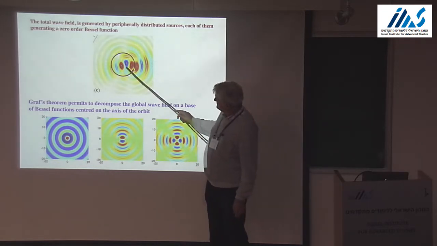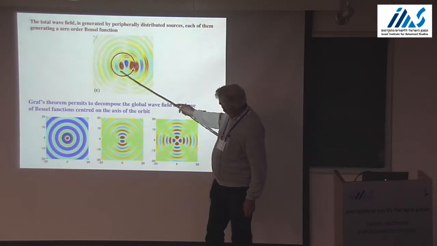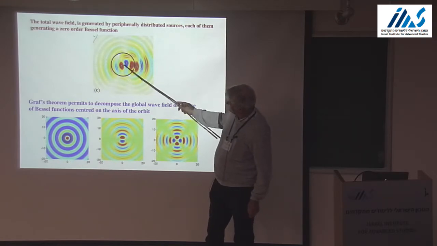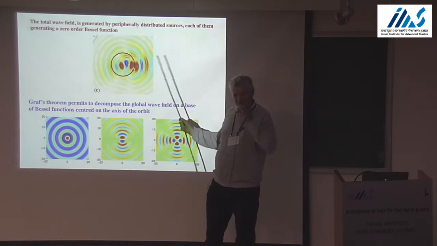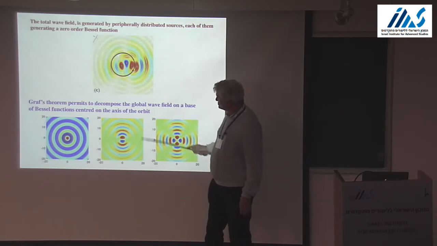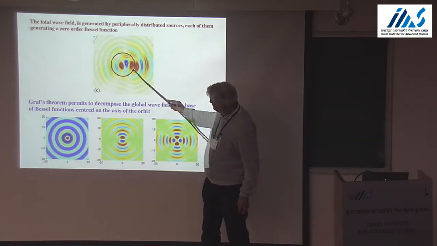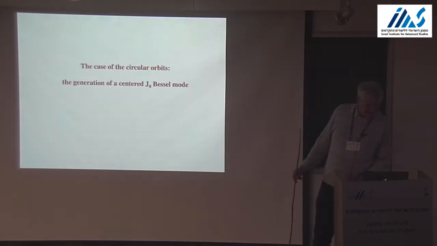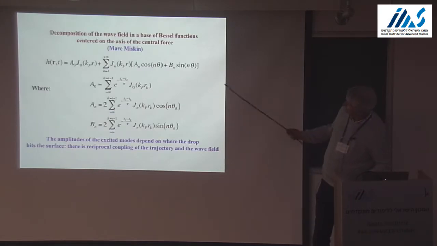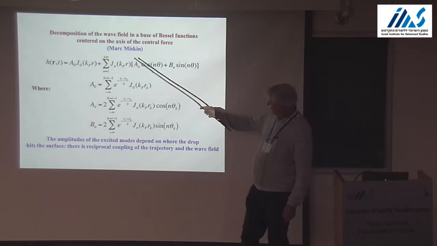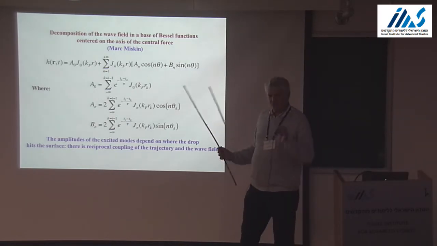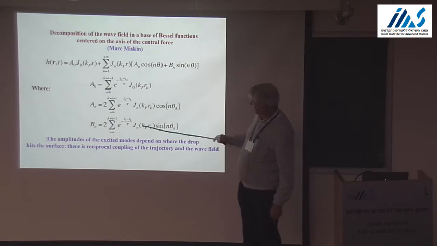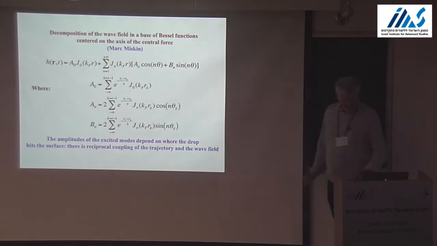And this oscillation can be analyzed by having the global wave field projected on a base of Bessel wave functions, not generated at the point of the drop, but at the center of the orbit. This can be done because there is a theorem, Graf's theorem, which was revealed to us by Mark Meskin, which allows this development on a base of Bessel functions.